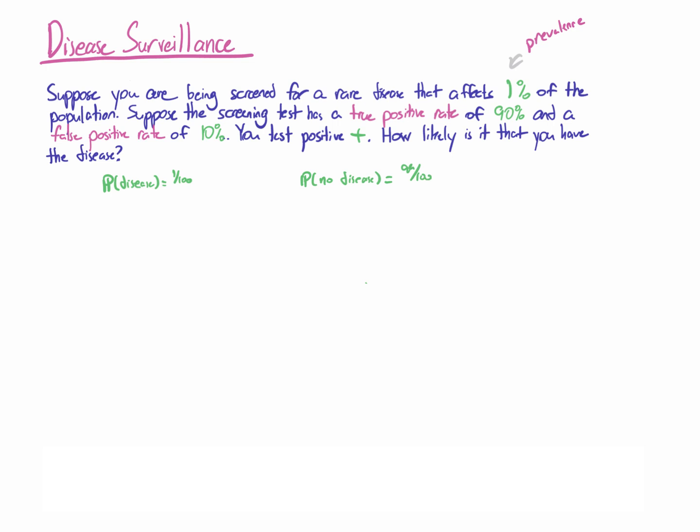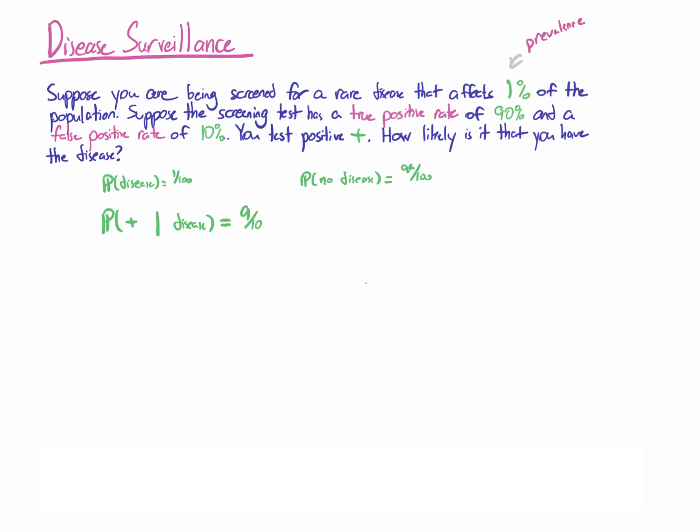Now, the next thing I need to do is think about how the test works. So my doctor told me that the probability of a positive test, given that I have the disease, that's the true positive rate, and that is 90% or 9 over 10.